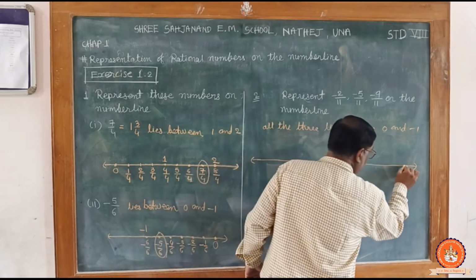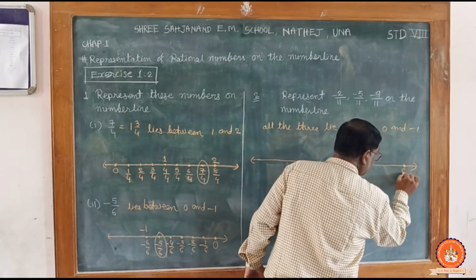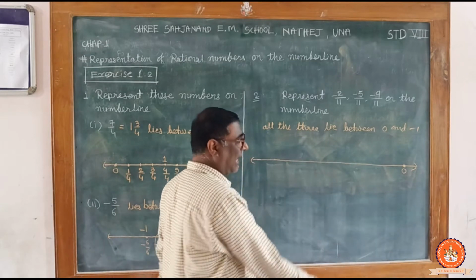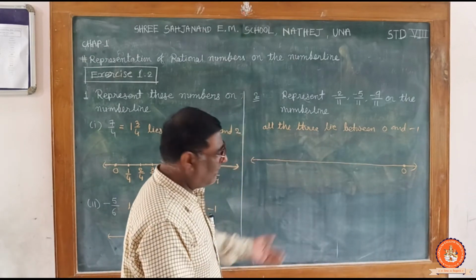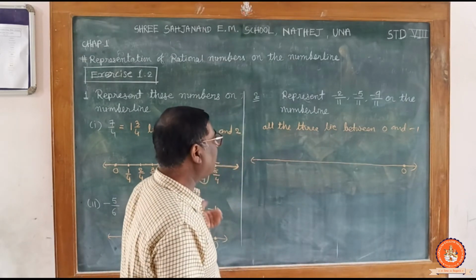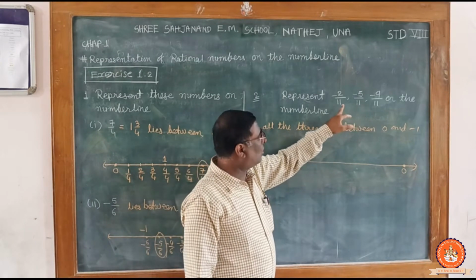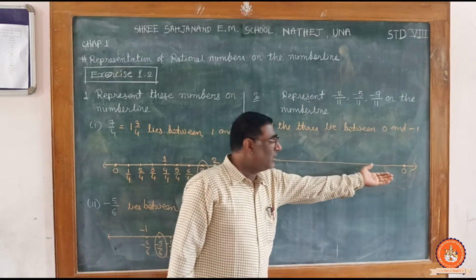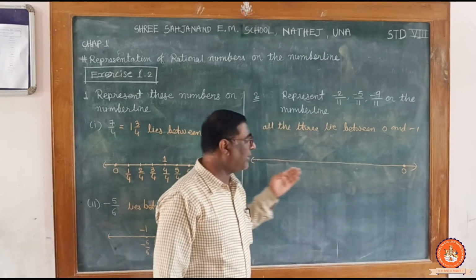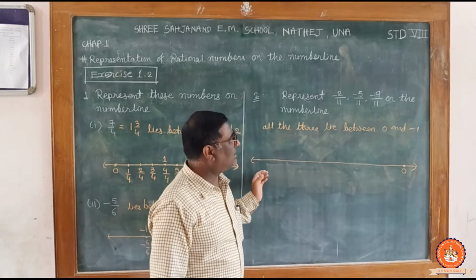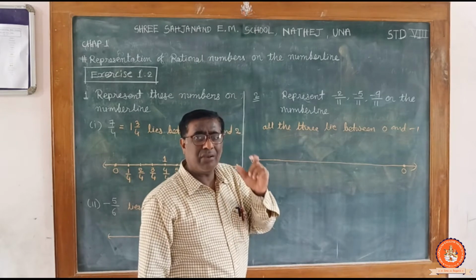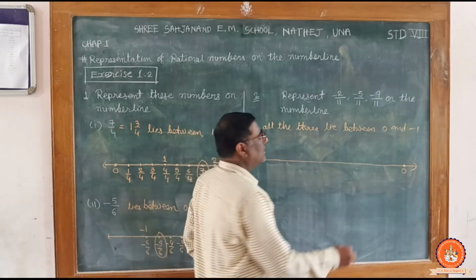Labeling 0 to the right hand, we will go to the left hand side. Now look at it. 11 is there. So the distance between 0 and -1 is divided into 11 equal parts.